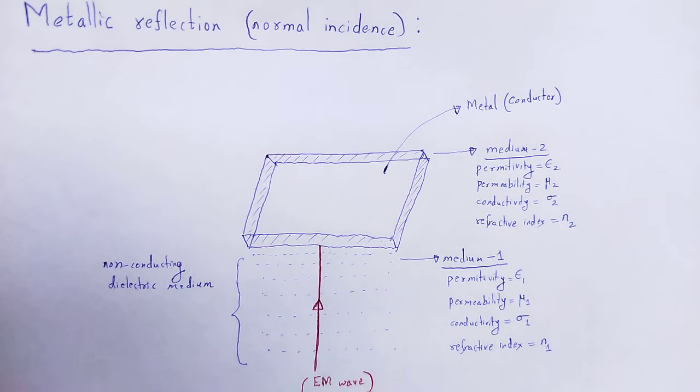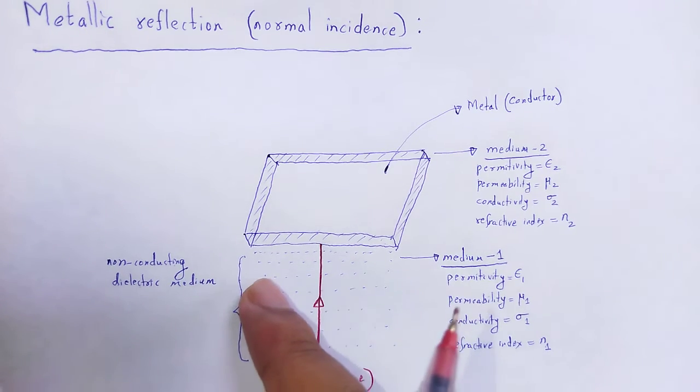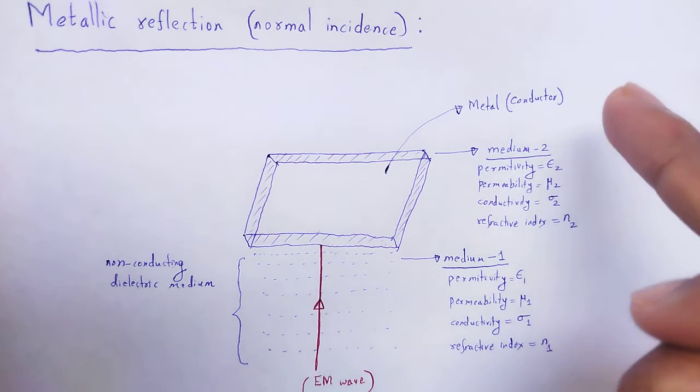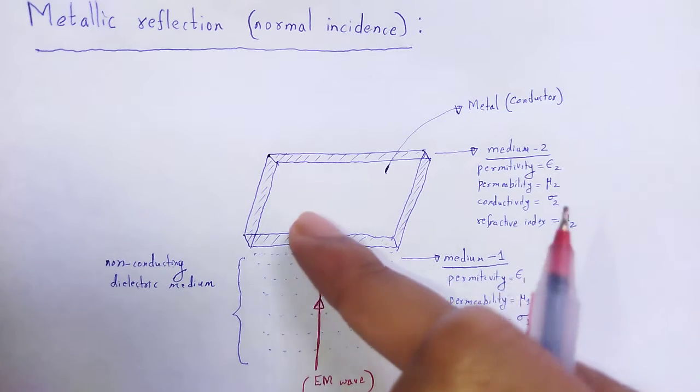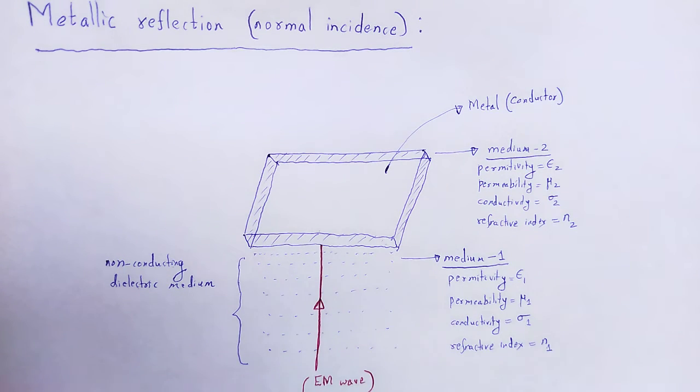If that monochromatic electromagnetic wave travels from the non-conducting dielectric medium to the conducting medium, meaning it is incident on that metal normally, then what happens?